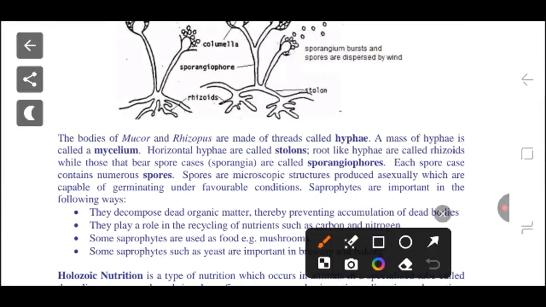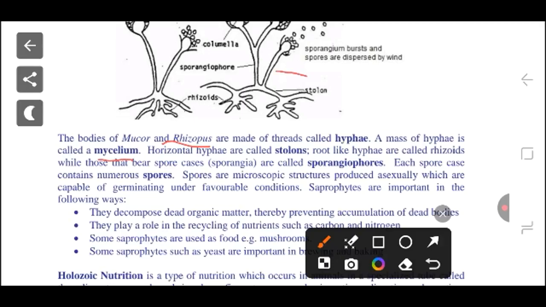The bodies of Mucor and Rhizopus are made of threads called hyphae. A mass of hyphae is called mycelium. Horizontal hyphae are called stolons.